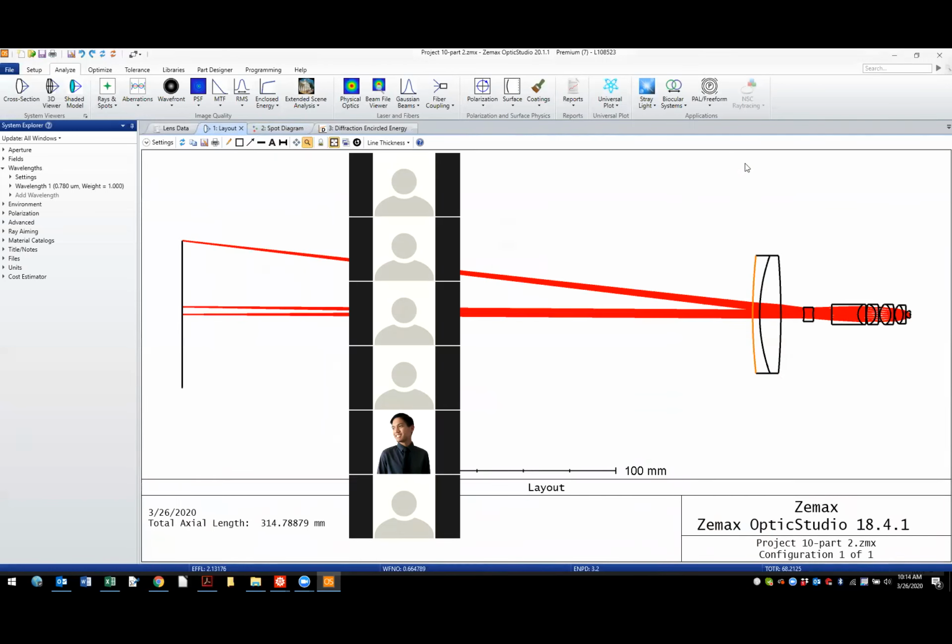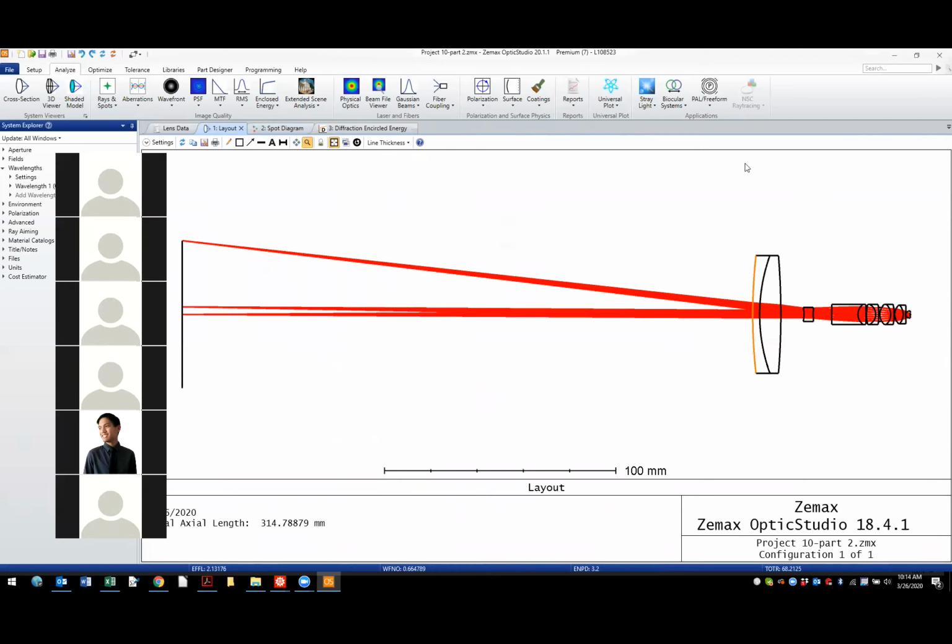What you should get is pretty much something that looks like this if you do it right. You're going to have the tube lens, which is much larger than the objective lens, and that's okay. There's nothing that would stop a person from manufacturing a smaller version of this if they wanted to.